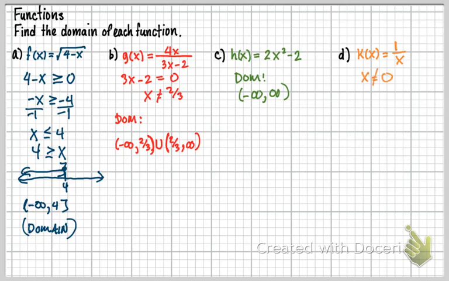So x cannot equal 0. For the domain, I'm going to jump that 0 just like I did on B. So this goes from negative infinity to 0, not including 0, union, not including 0 again, to infinity. So there's the answer for number D. Now we've finished this problem. We found the domains of each of these functions.